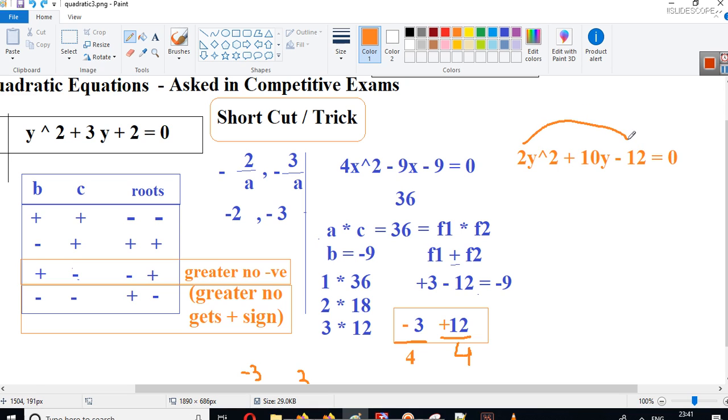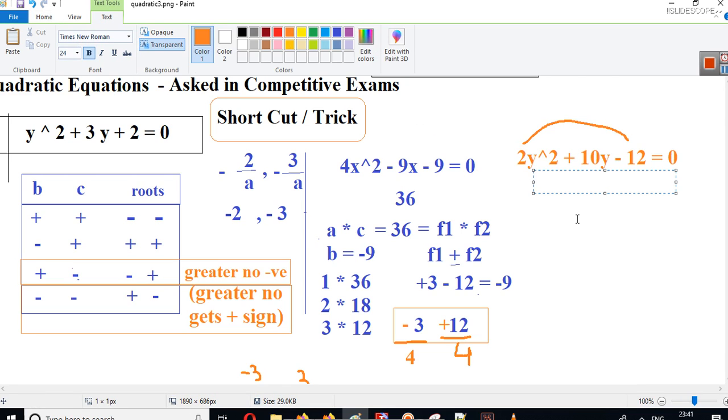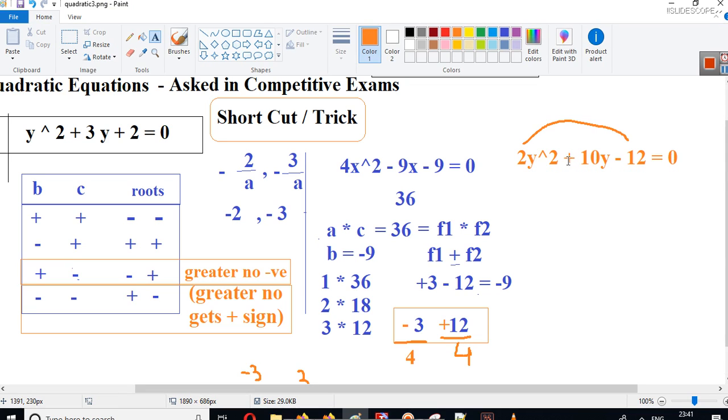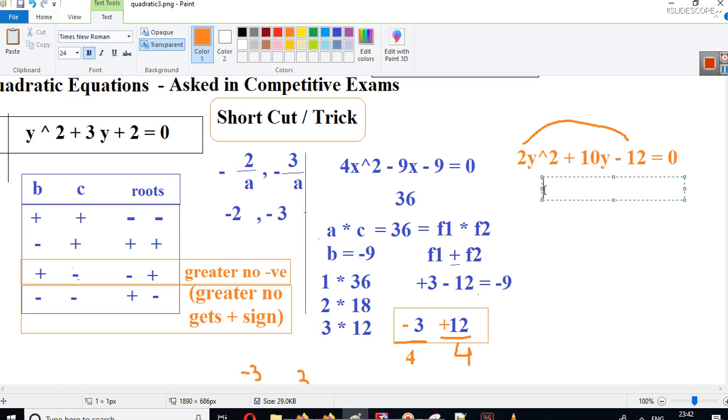When you multiply 12 and 2, you will get 24, right? 1 into 24 we cannot take. 2 into 12, obviously we can take it, because 2 into 12 is 24 and 12 minus 2 is 10. So 12 and 2 will be our roots in this case.